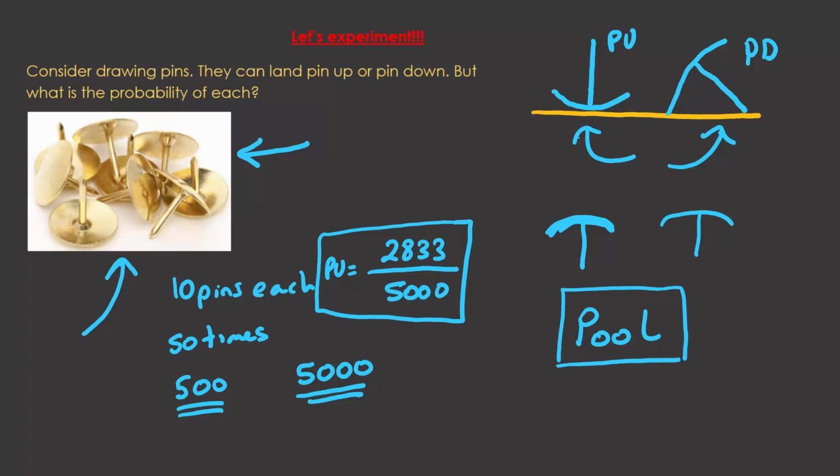So not setting our experiment in different conditions every time, just people sitting at their desk, flicking some drawing pins out of their hand. Should be reasonable to pool if we have the same type of pin. But as soon as you move to a different type of pin, you should not pool those results, because the new type of drawing pin has, in all likelihood, a different probability of landing pin up.